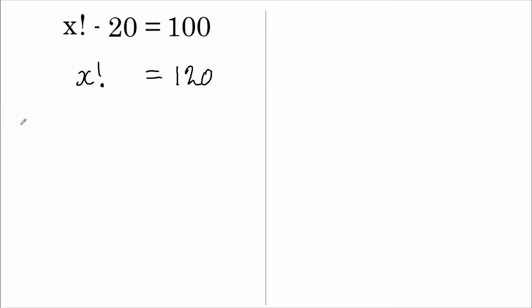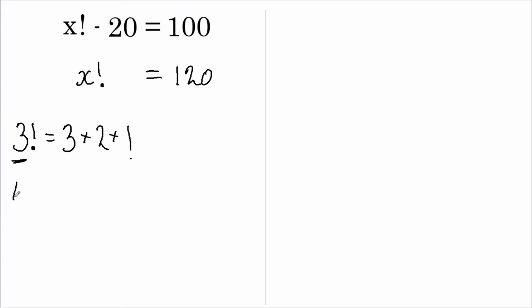Well, a factorial is when we have a number and we have a factorial sign after it, that just means that we multiply together 3 times 2 times 1. So, starting with this number, we multiply it by every integer all the way down to 1.